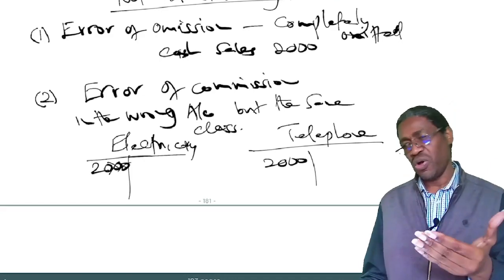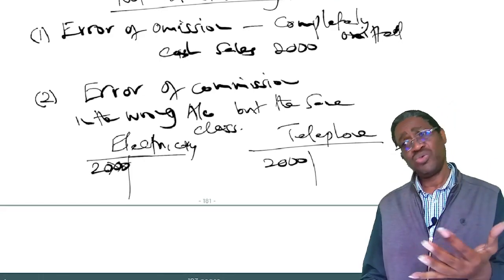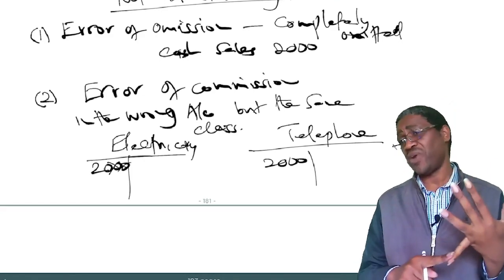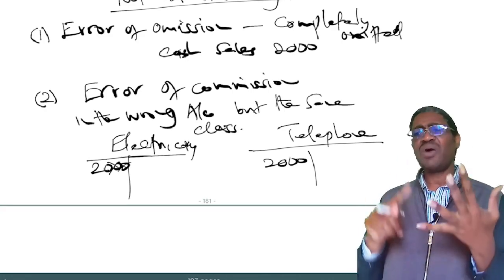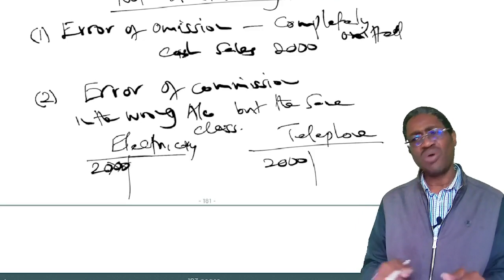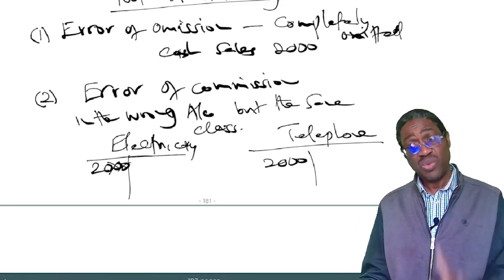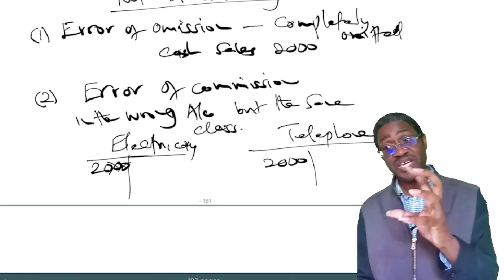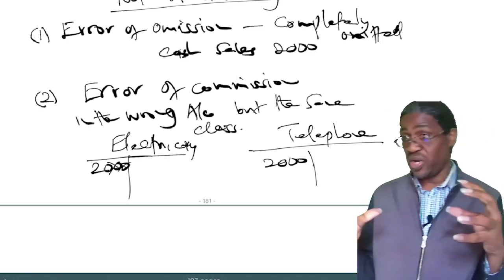The class of accounts, you remember we discussed different types of accounts. We have asset accounts, liability accounts, expense accounts, capital accounts, revenue accounts, and so on. When we were doing the topic of double entry, we classified the various types of accounts.